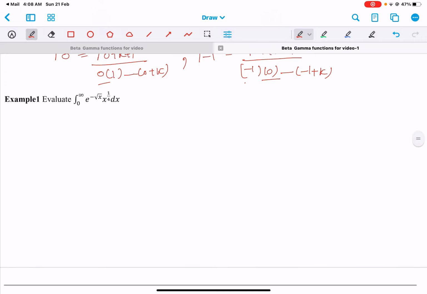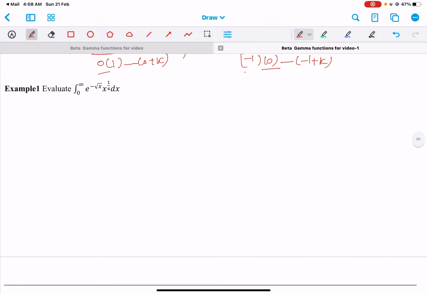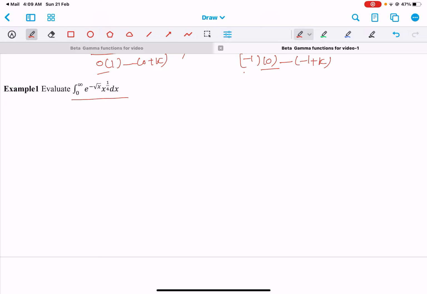Now see some examples. Suppose you want to evaluate integral e to the power minus root x, x to the power 1 by 4 dx in terms of gamma function. So let me define my gamma function as integral 0 to infinity e to the power minus t into t to the power n minus 1 dt.